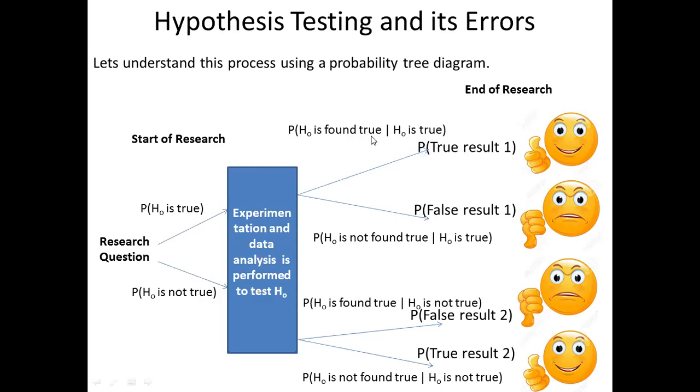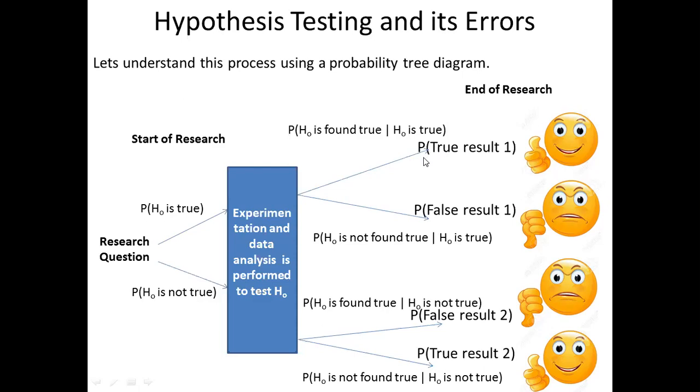And it's an event, so it would have a certain probability, given by this. Probability of H naught is found to be true given that H naught is true is also the probability of true result 1, and thumbs up for it. Definitely this should be the answer. That means that we have done the research analysis and conclusions in the proper, correct way.